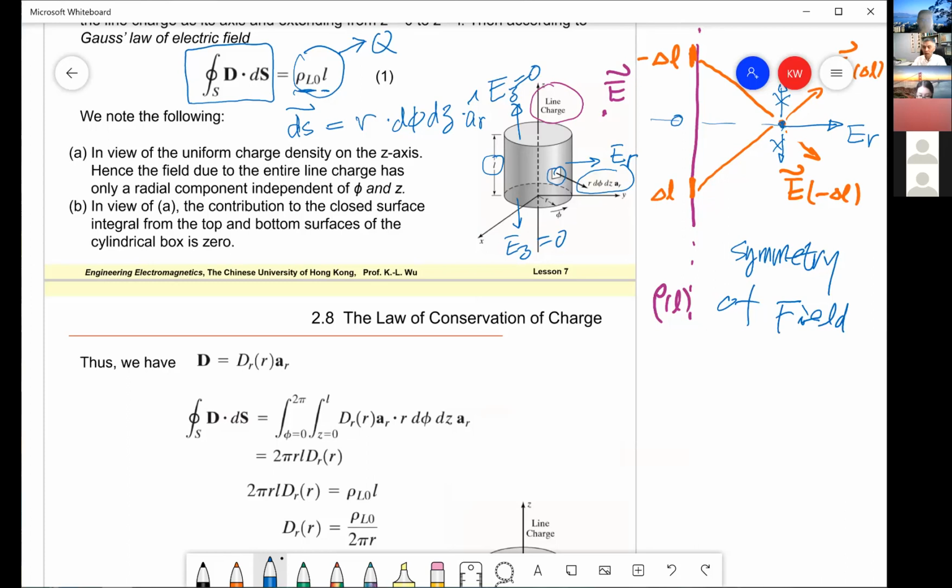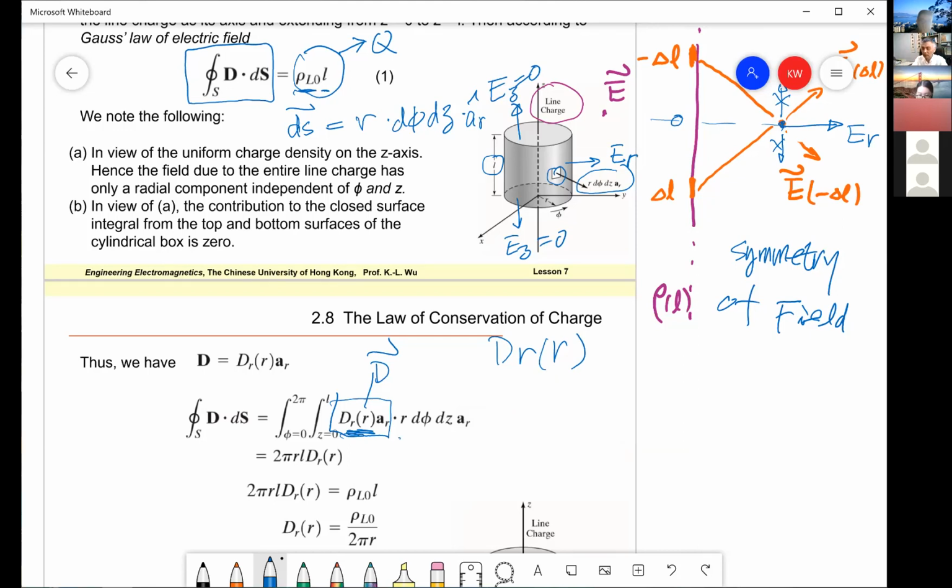We also know the normal component in the r direction is only a function of r, independent of the angle. It's uniform. This is my vector D, and the other component is 0.